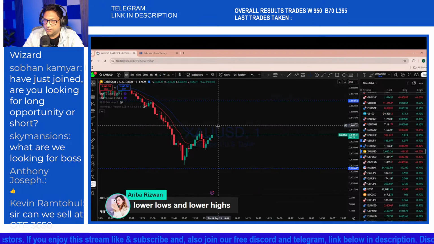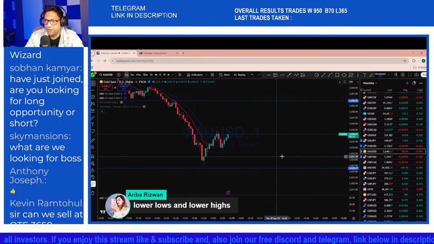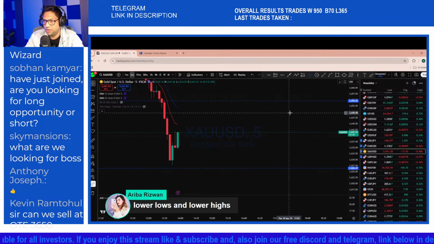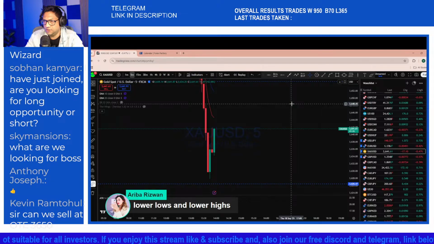Okay, so you can see it's trying to build a bullish momentum, but the trend is highly bearish. So in that bear market is the price.